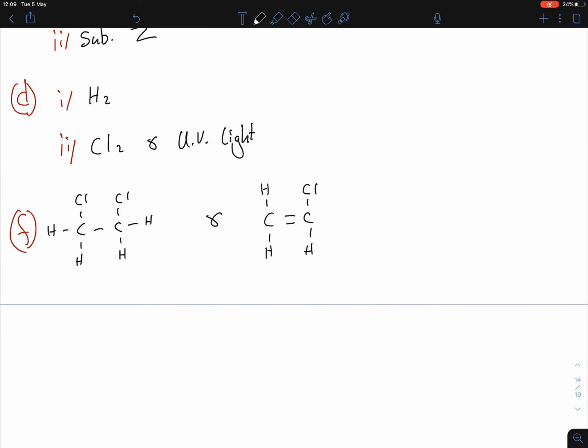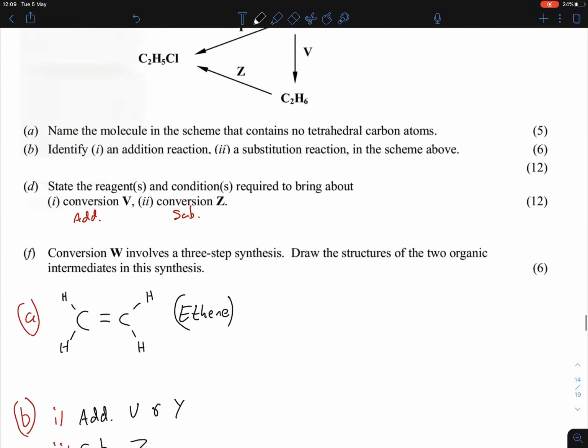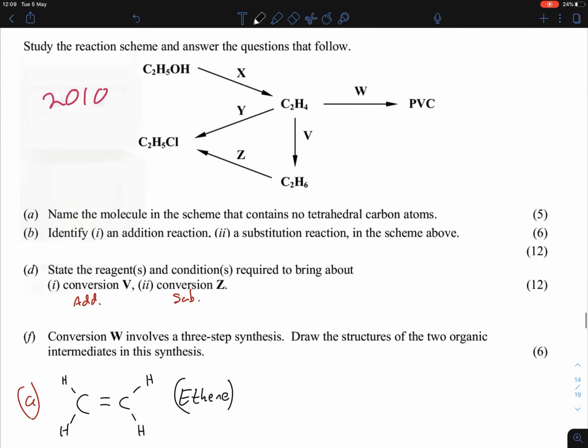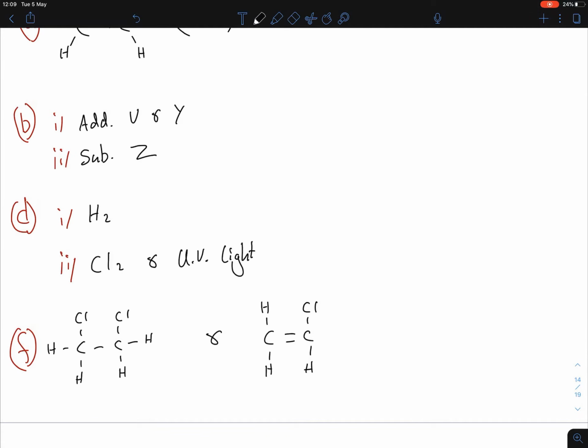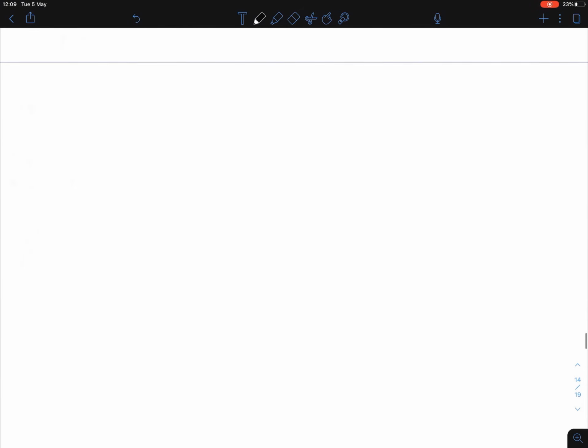Okay, so I said I'd just put that in, and if you want to see the exact mechanism, you'll see it on the Konica flask. So they're the 2 intermediates there in that synthesis for PVC, and that is 1,2-dichloroethane and chloroethene. So look, we'll move on to the next one, guys.